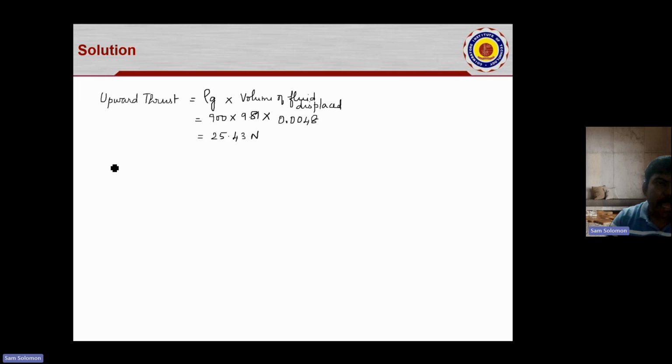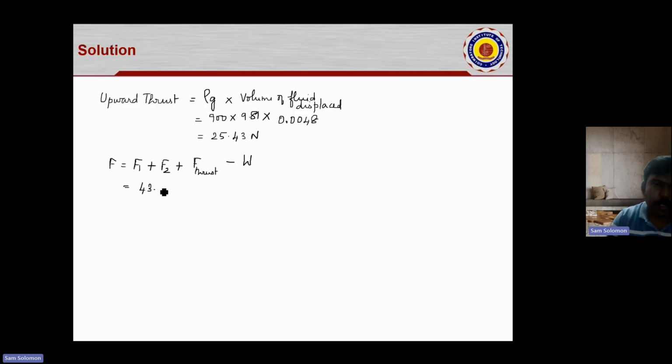So now if we add all together, F1 plus F2 plus the upward thrust minus the weight of the plate. So what was the value of F1? 43.2.